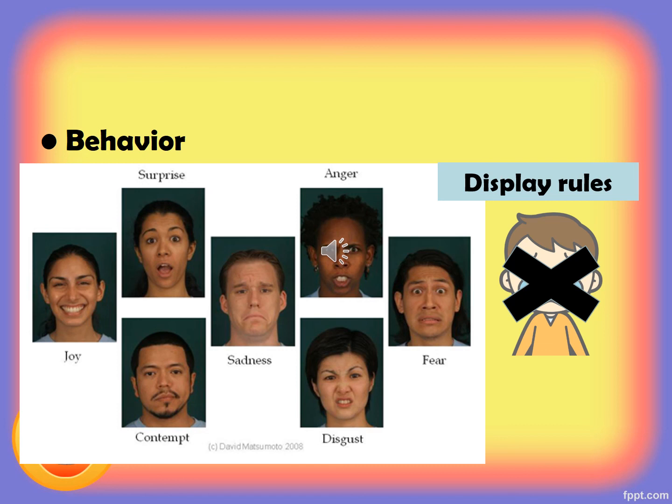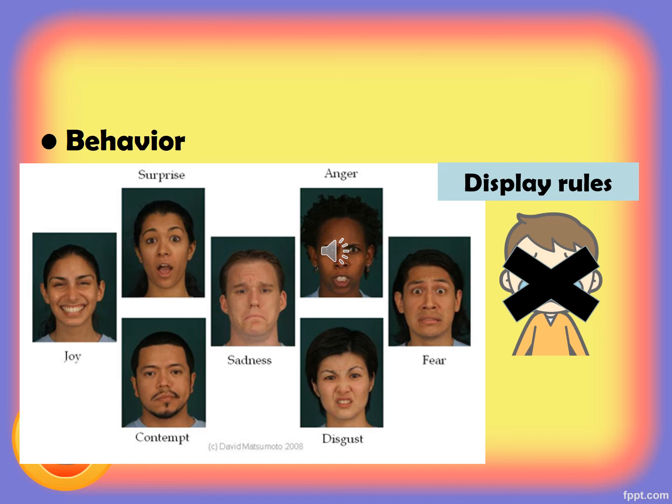For those of us from collectivist cultures, if you yourself are very happy but your friends are very sad for a certain reason, and you show a joyful face, it will influence the harmony of the group. Hence, we will try to inhibit that happy expression.